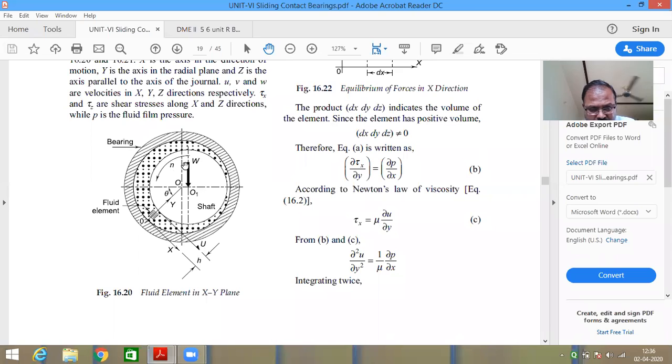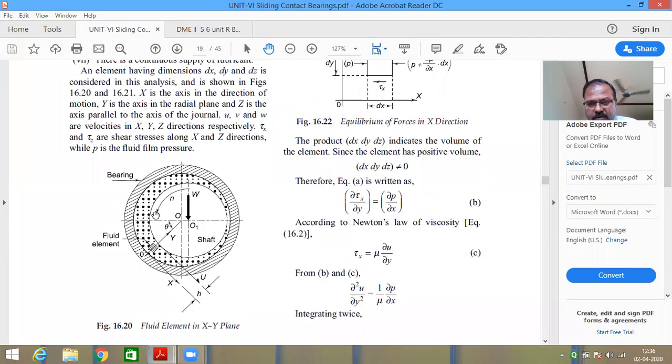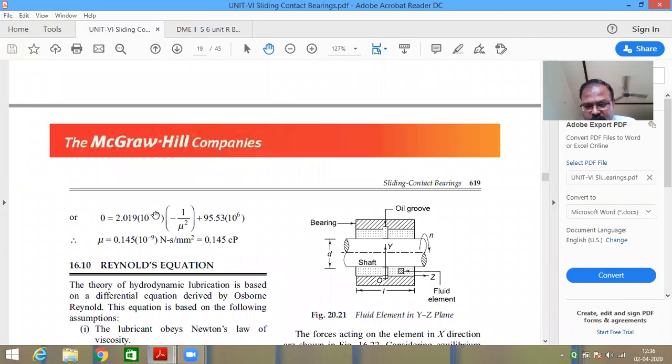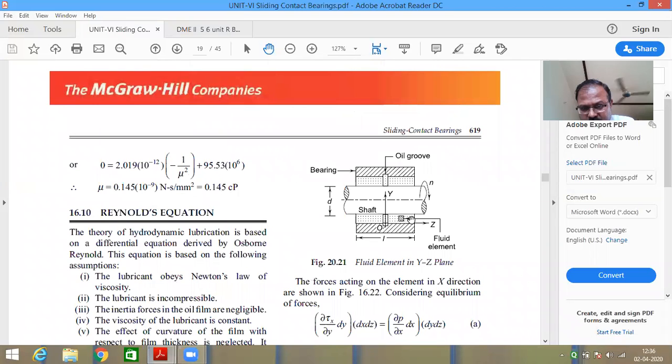See, this is the shaft now, and this is a tangent drawn. So U is the tangential velocity, and what we are talking about while deriving the equation is this particular rectangular fluid element, which is shown over here. This is the bearing, this is the shaft.